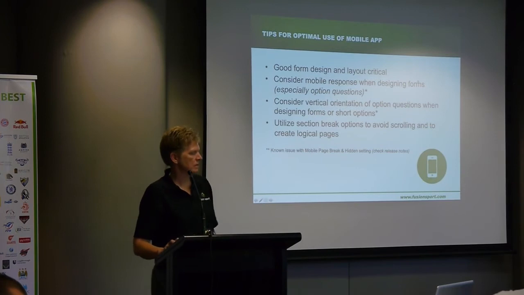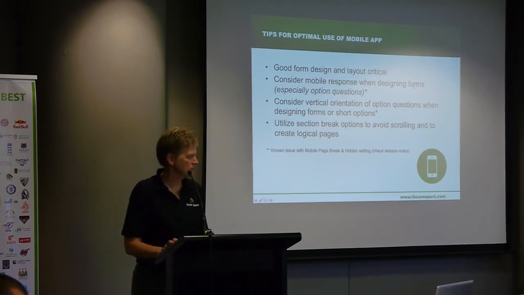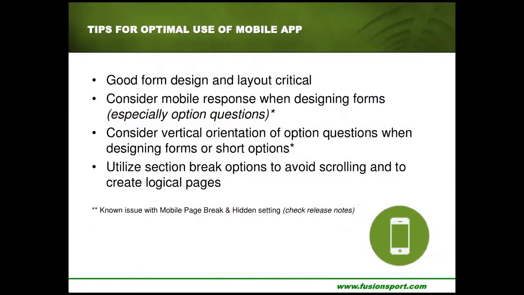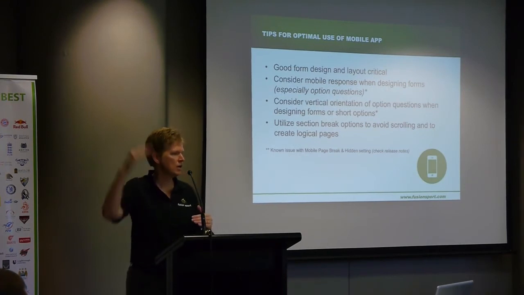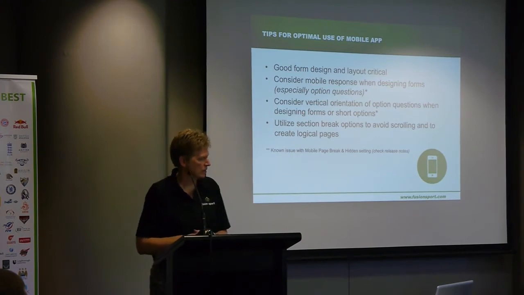So just some best practices for your mobile app. We've talked a little bit about these already. Make sure you check the layout on the mobile devices that you're using. Consider the different types of responses that you build into the form. Even though it's easy to put them in your main event form that you might be using online, when you get to athlete mode, you've got to figure out whether it's going to be higher mobile usage or online usage, and which one you want to optimize for.